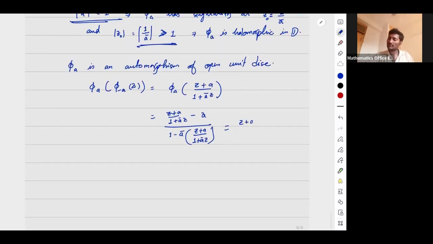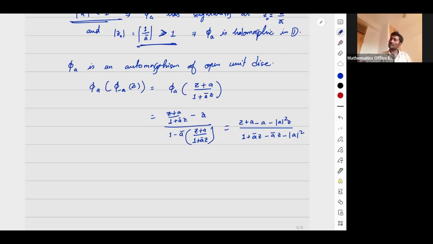Z plus A minus A minus mod A square Z, divided by 1 plus A bar Z minus A bar Z minus mod A square.